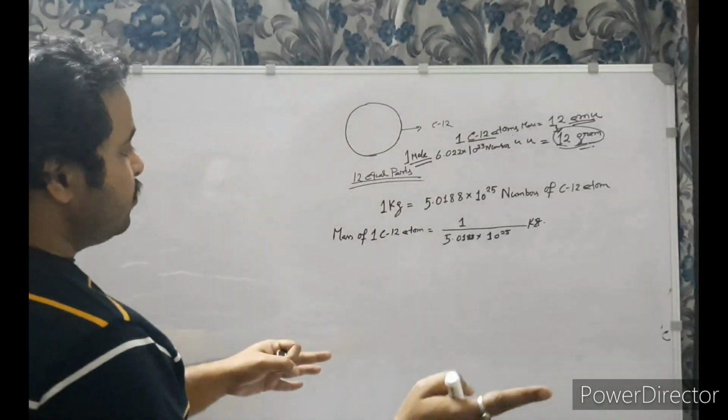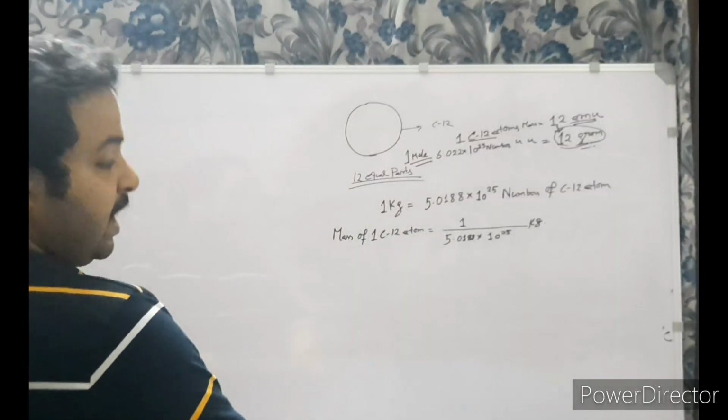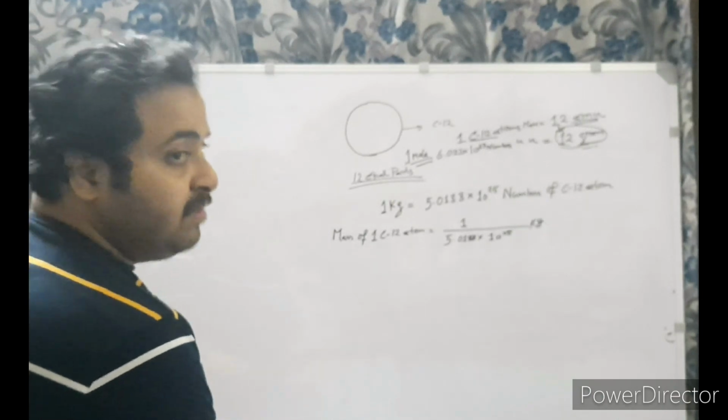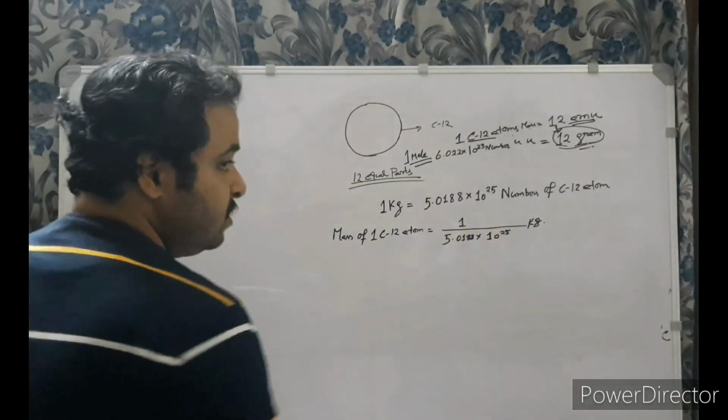So if we have the mass of one C12 atom, now we can convert 1 AMU in terms of kg. How?